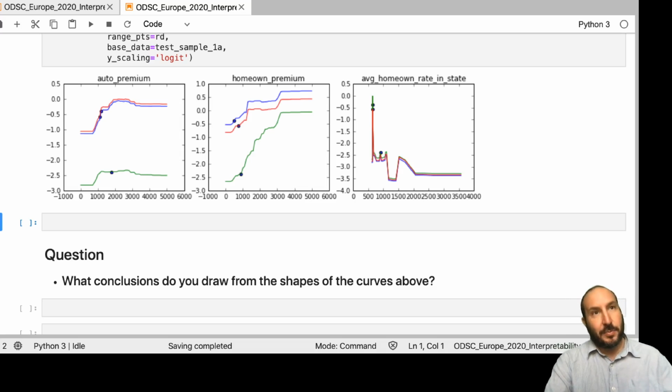Now, if we look at auto premium, we see something interesting. One thing that's interesting is that it's mostly going up, but then at the end, it seems to dip down a little bit. And having worked in the space, I can tell you what's going on here. Auto premiums are largely reflective of things like age, the value of your car, stuff like that.